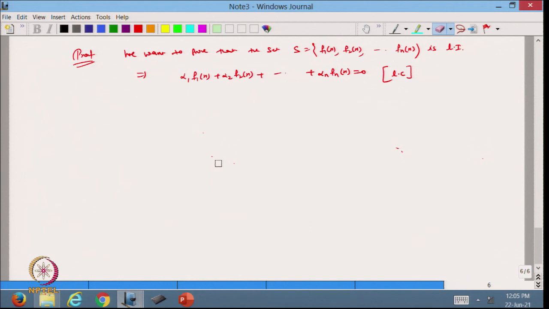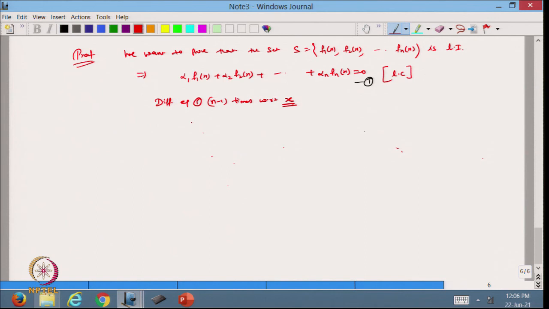Now, this is equation number 1. Now, how to prove this one? I will differentiate equation 1 n minus 1 times with respect to x, because I have assumed that my functions are n minus 1 times differentiable.